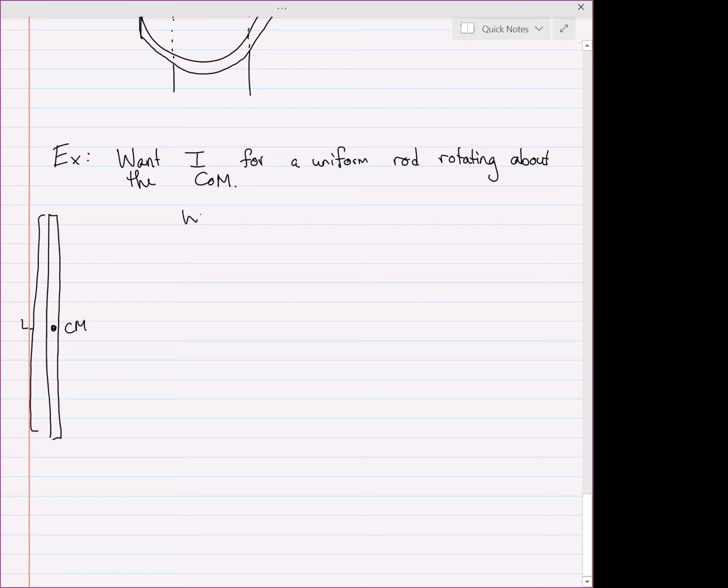So we know that the center of mass is in the middle, so we know what position that's at. If this down here is x equals 0 and this is x equals L, the center of mass is at x equals L over 2. We calculated that already.